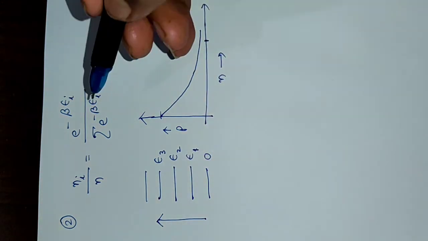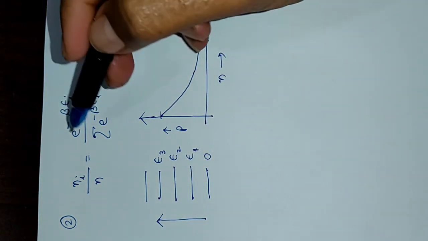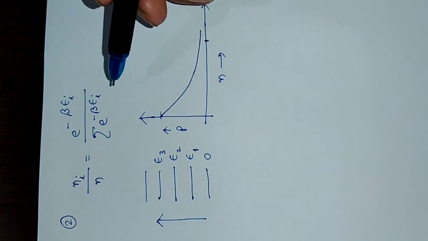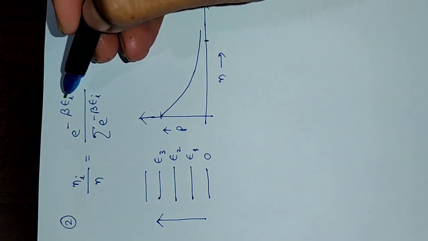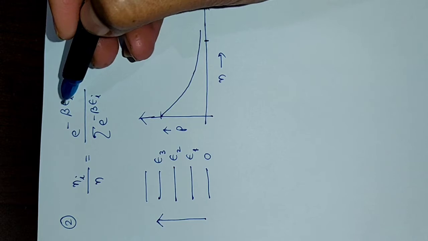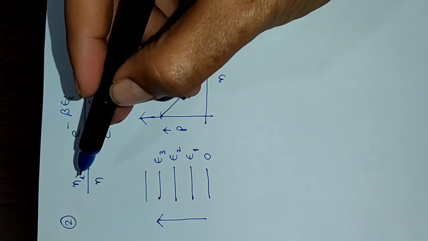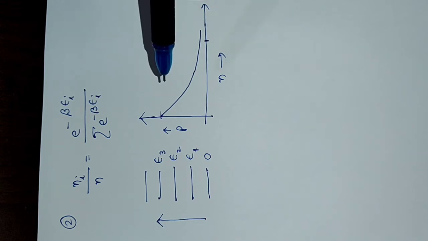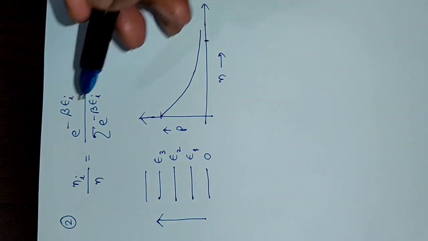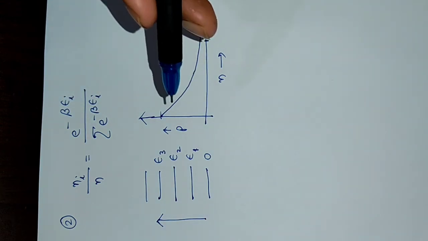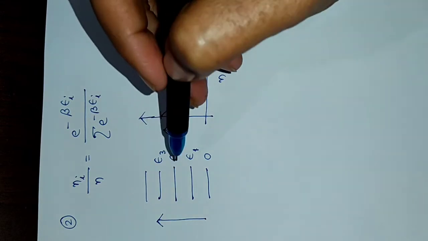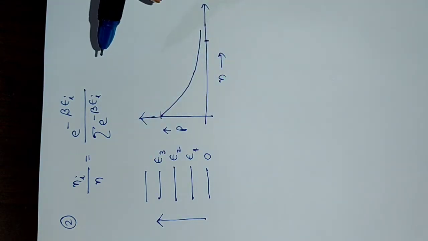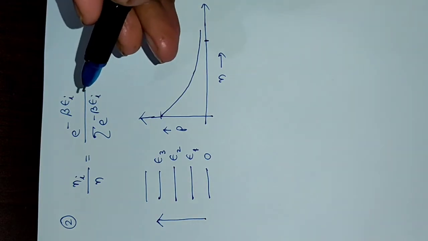Now, if you watch this expression carefully, you can see that with increase in energy, here we have a negative sign, so population will decrease. This is due to the energy criteria as I have explained, and that is being incorporated here. Now with increase in temperature, as the system allows more and more molecules to access the high energy levels, where to put this temperature?